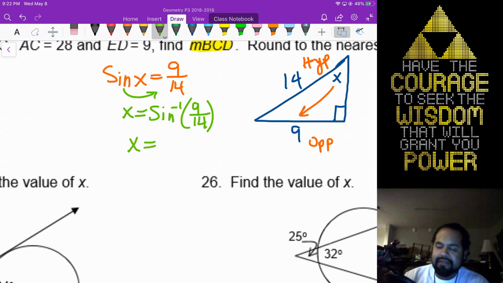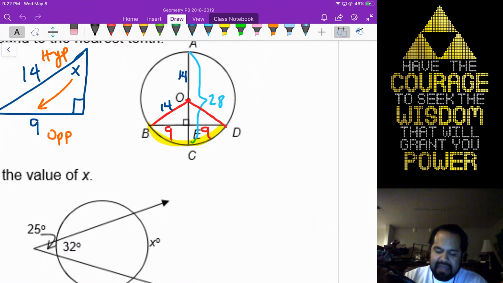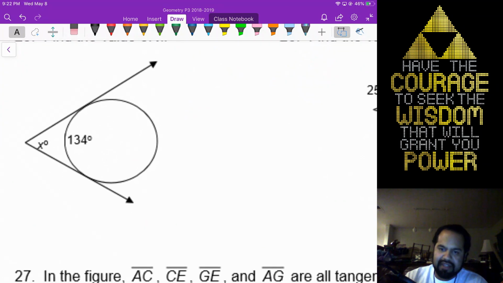So then that's going to give you some angle. I don't have a calculator on me. But what you're going to do is realize that that angle is only this much of it. So what you're going to do is double your answer. And again, I don't have a calculator, so I'm not solving it.